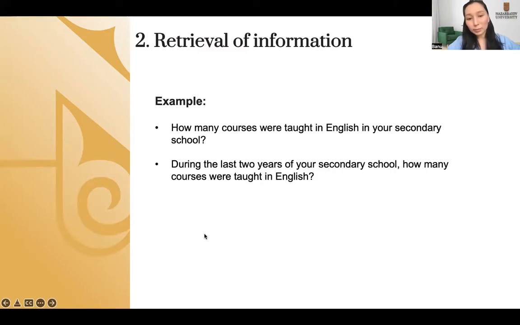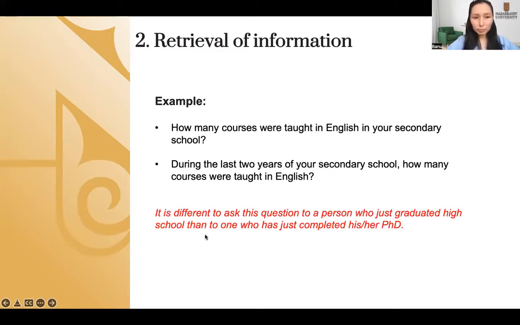And another thing to consider is that it will be quite different to ask this question to a person who just graduated from high school and a person who just completed his or her PhD degree. Of course, as you can guess, those who just got out of high school will have much less problem answering this question compared to a PhD graduate. So please keep in mind to think about the time frame when asking a question.